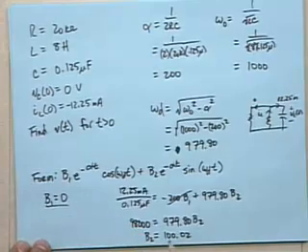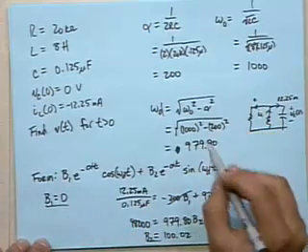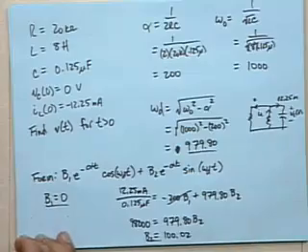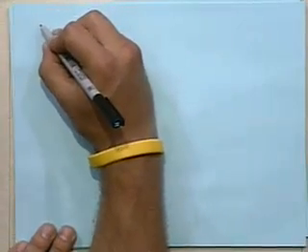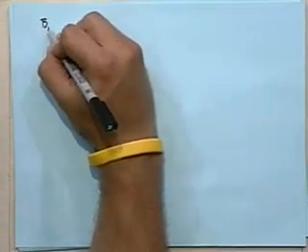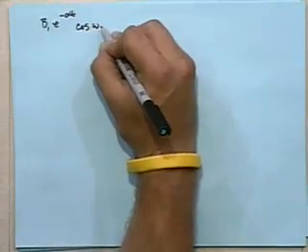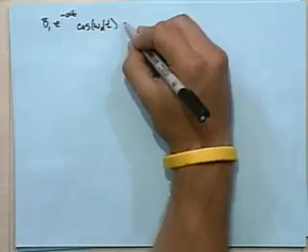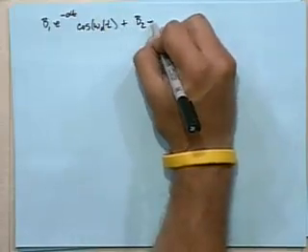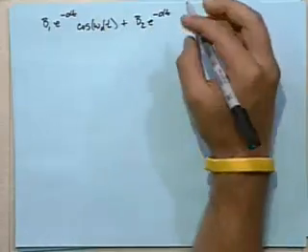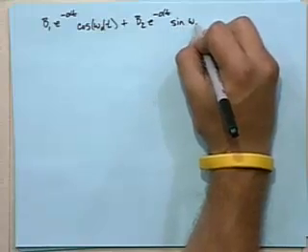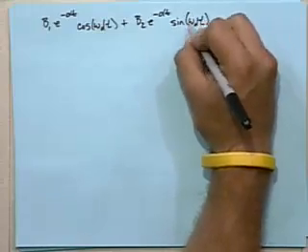So we have B1, we have B2, we have omega d. Plugging it into the final form of our equation, we get B1 e to the negative alpha t cosine omega d t plus B2 e to the negative alpha t sine of omega d t.